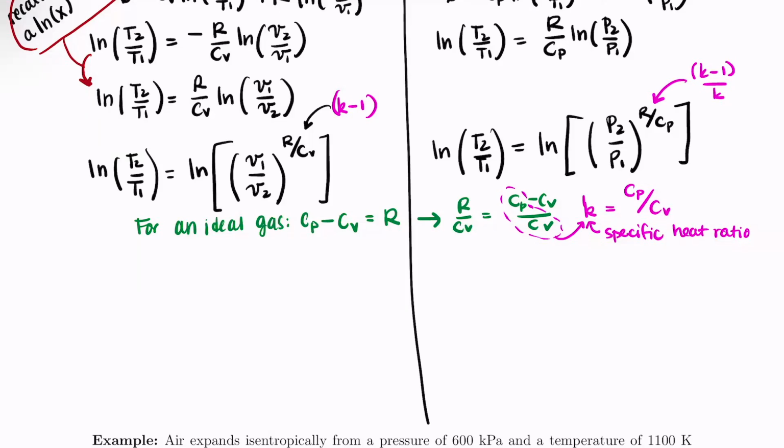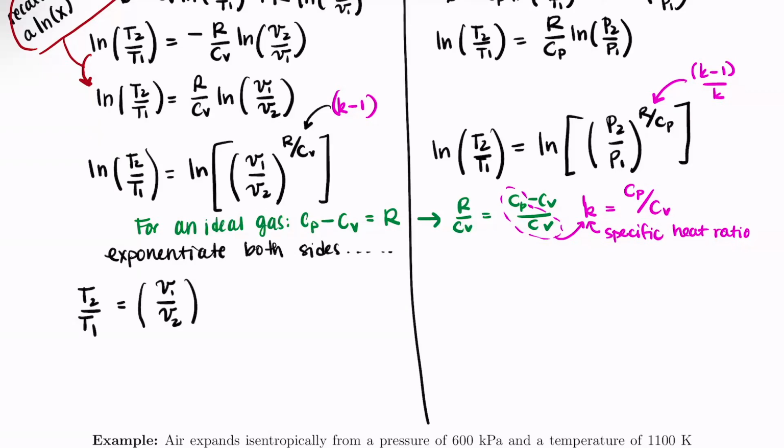Okay? So that means that I have the following. I'm going to exponentiate both sides to get rid of the logs. Since I have a log on both sides, I can do that. And that gives us T2 over T1 is equal to V1 over V2 raised to the power k minus 1.